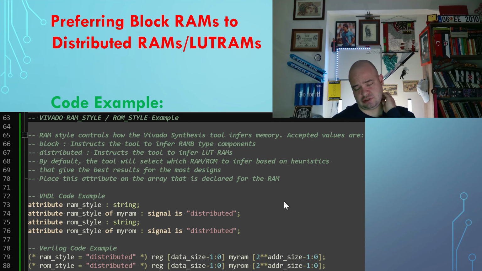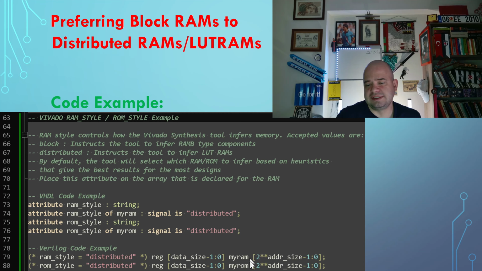Since those enumerated types are not possible in Verilog, this kind of approach is followed here. So data size, we don't know the data size, it's a generic value. Let's say it is by default 32 bits. So 32 bits of a RAM array or ROM array.